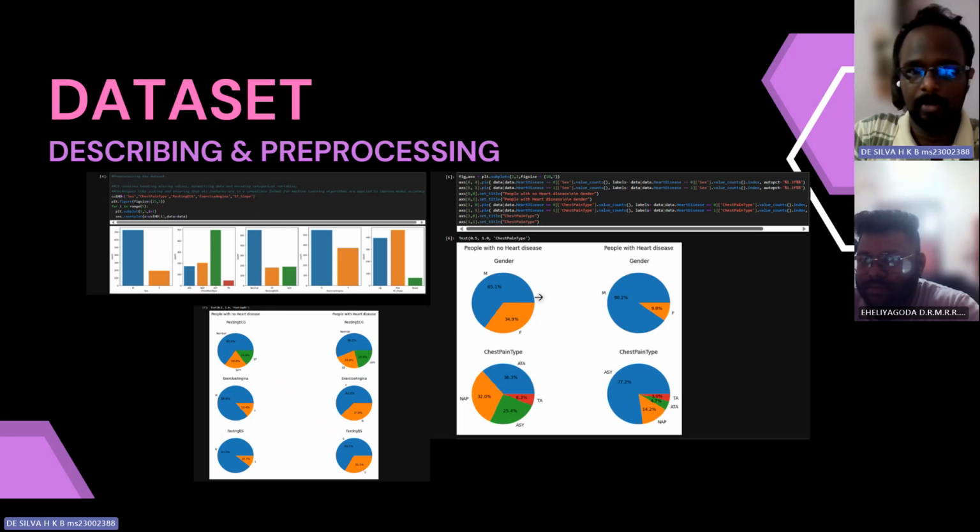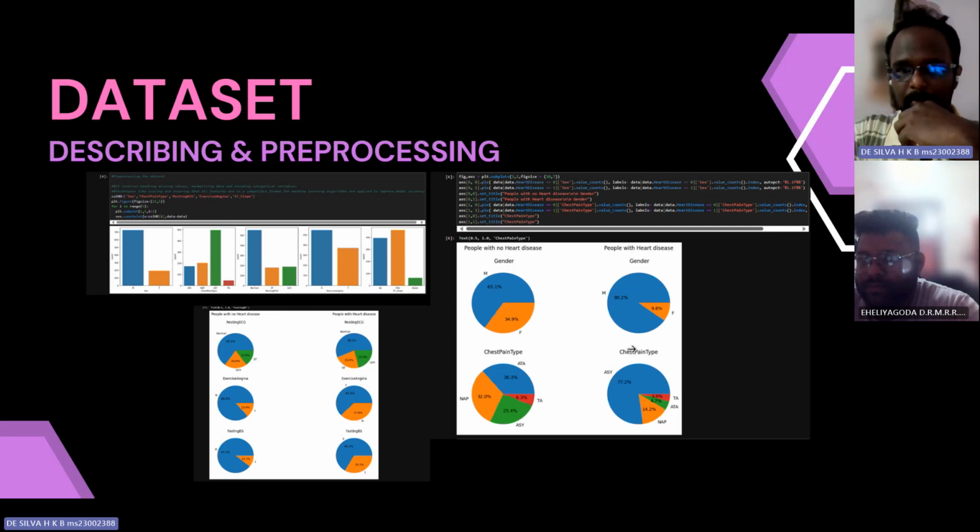As an example, this pie chart shows the chest pain types of people with no heart diseases, and here are the chest pain types of people with heart diseases.